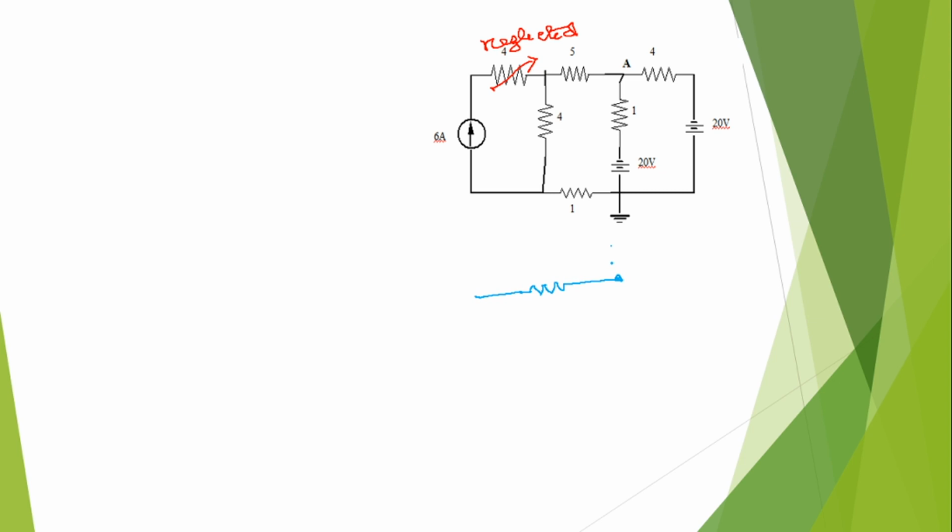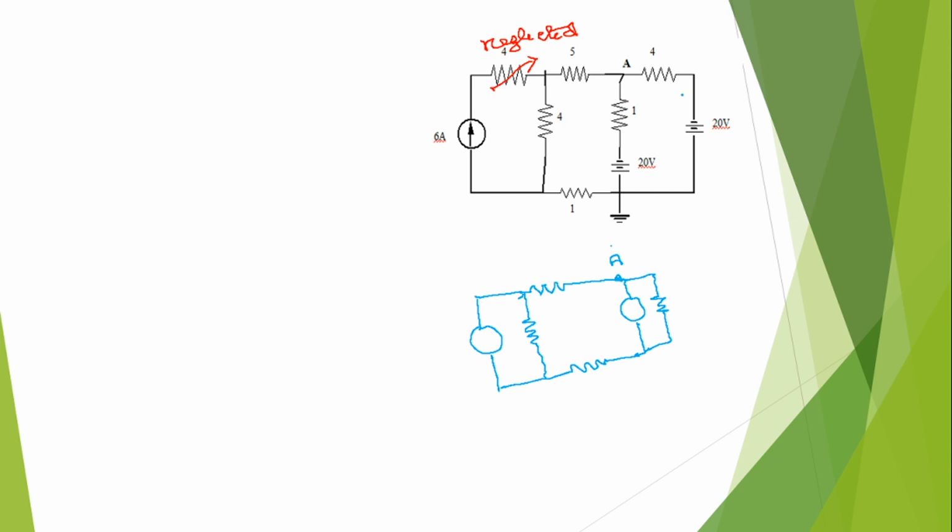Now this is the point A, this is the current 6 amps, and here is the 4 ohms, remains the same. Here is the 1 ohm, and this practical voltage source, when it becomes a practical current source, there is a current source parallel with the resistance.